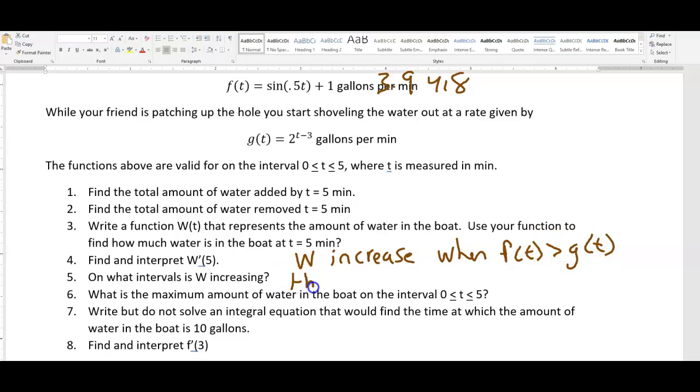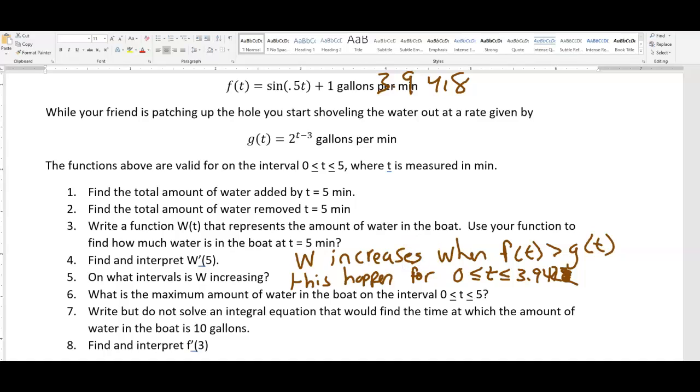This happens for 0 is less than or equal to t, which is less than or equal to 3.94186, etc. If we round it just here, that's fine. So we'll round it to 3 decimal places, and there it is, 3.942.